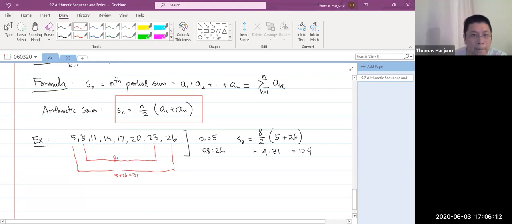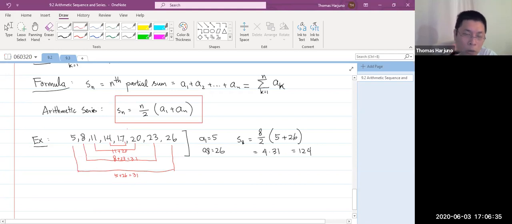The sum is also 31. So the first with the last, the second with the second from the last, the third with the third from the last, and so on. The sum will be the same.